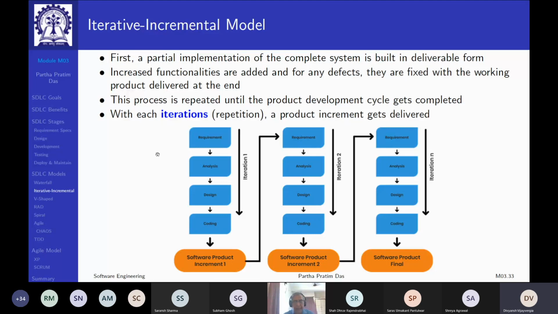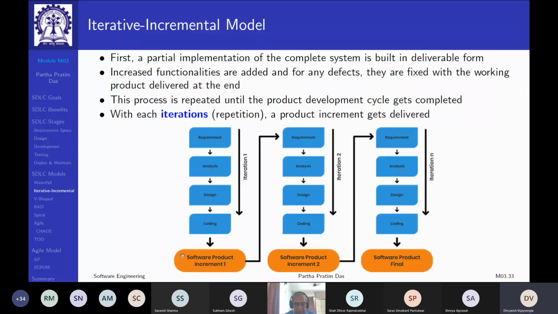And the key part of this is, naturally, when you do this iteration, at the beginning of the iteration you are engaging with the customer to get the requirements. From there, you choose a subset and implement that.